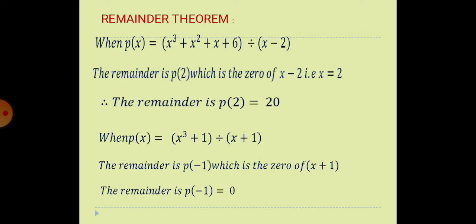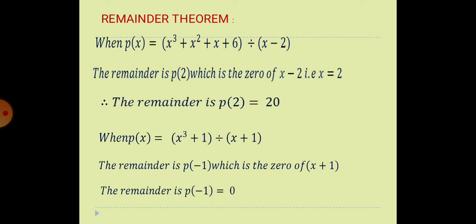Remainder theorem says that when a polynomial is divided by a linear polynomial, then the remainder is the variable when replaced by the zero of the divisor. It gives a real number and that becomes the remainder.